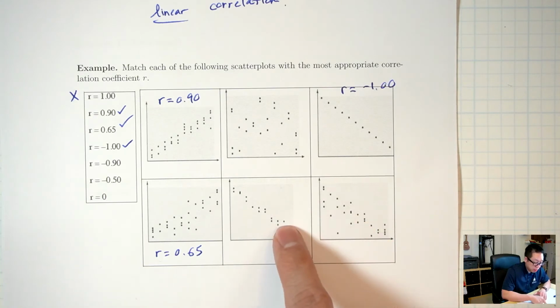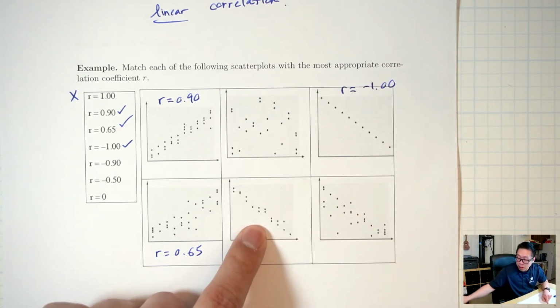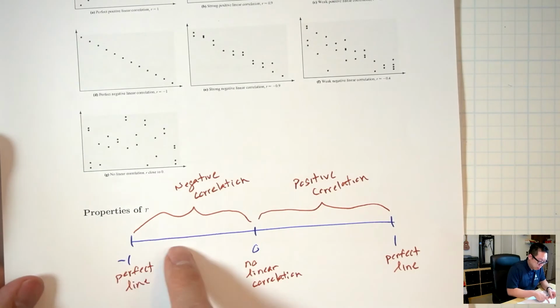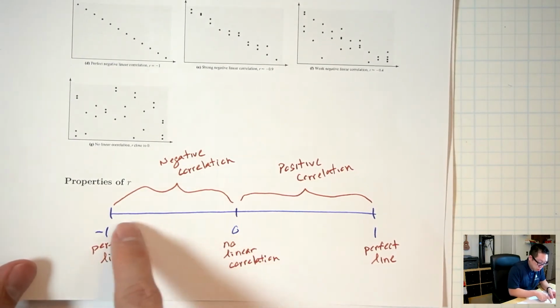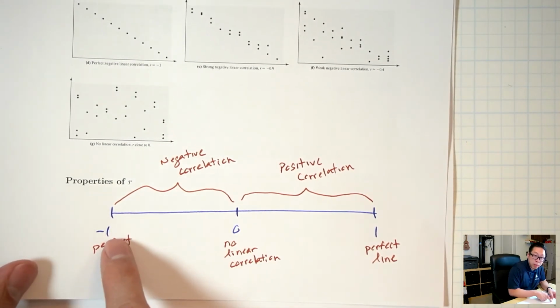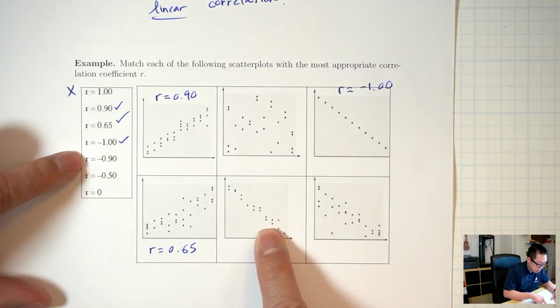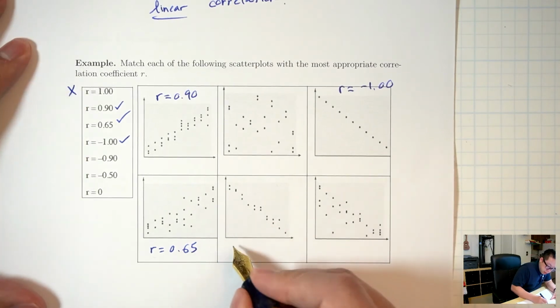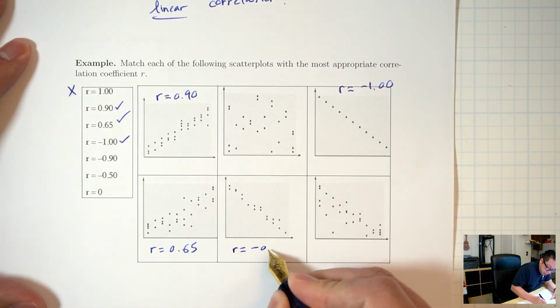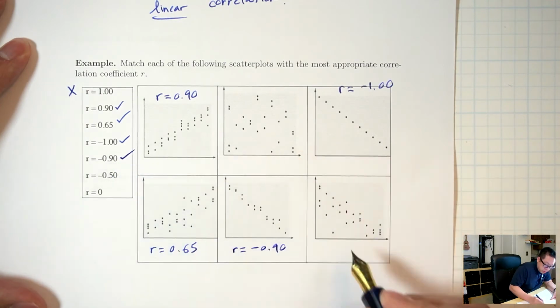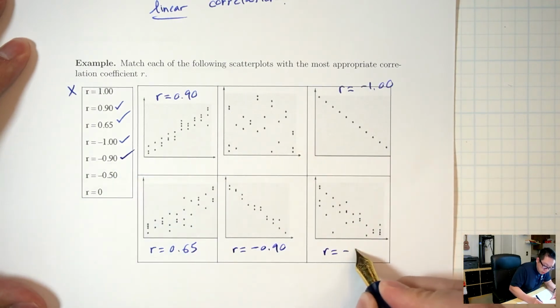This picture. We're on the negative side now, so the closer you are to a line, the closer you should be to negative 1. This one looks more like a line, and negative 0.9 is closer to negative 1, so this one would have to be negative 0.9. Which means this one is negative 0.50.